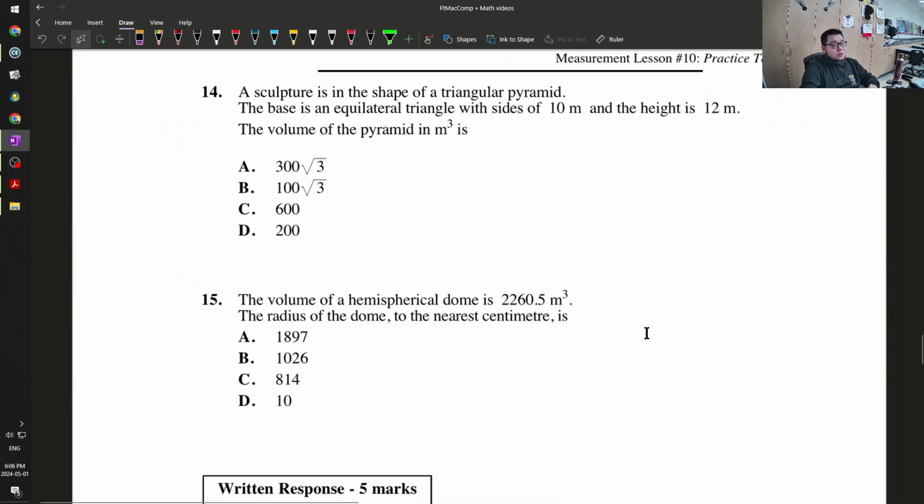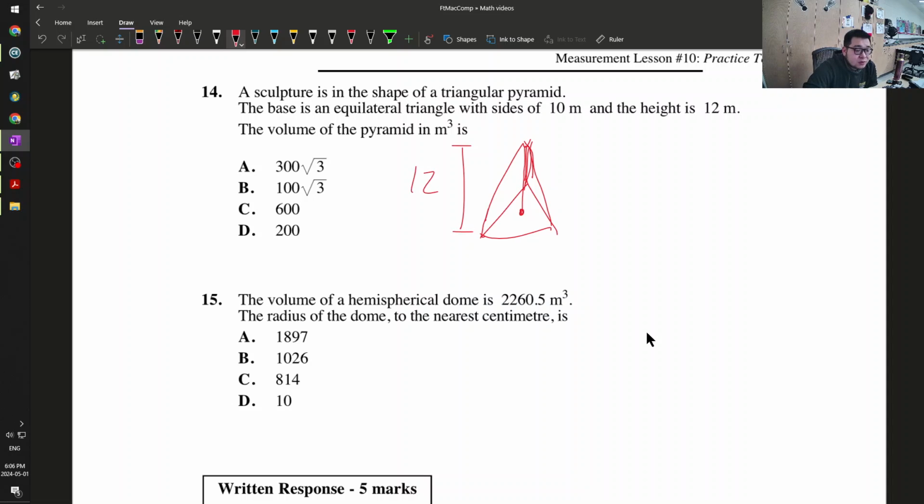14. A sculpture is in the shape of a triangular pyramid. Okay, and the base is an equilateral triangle with sides of 10 meters and the height is 12. I want to know what the volume is. So first I have to find the area of the base.